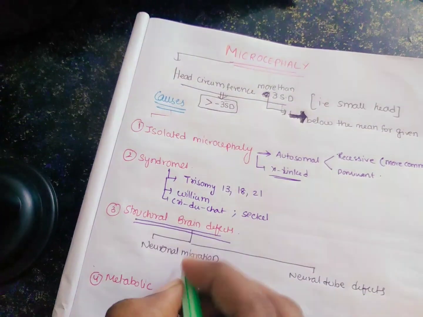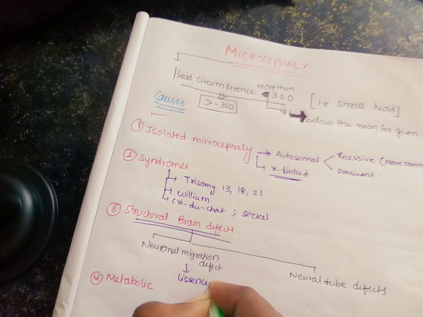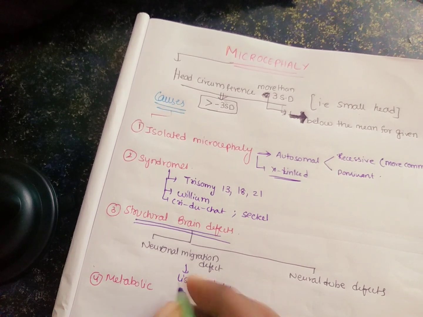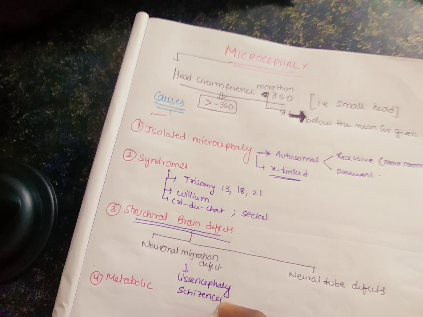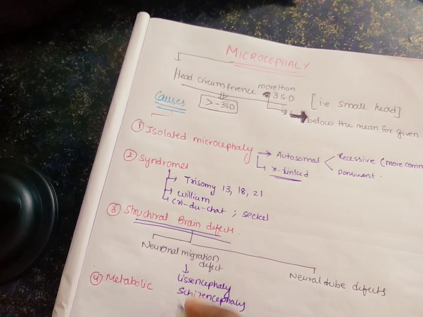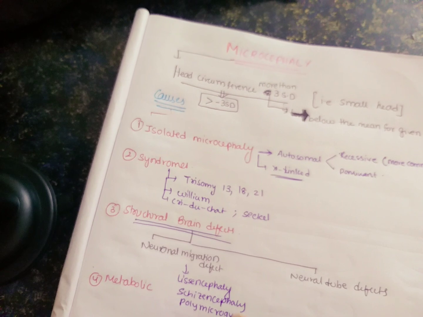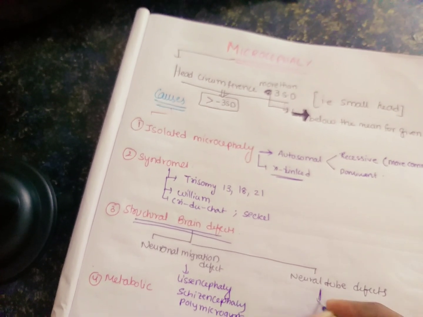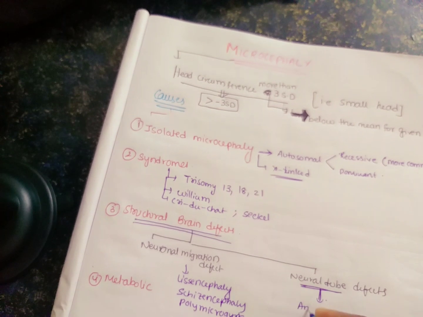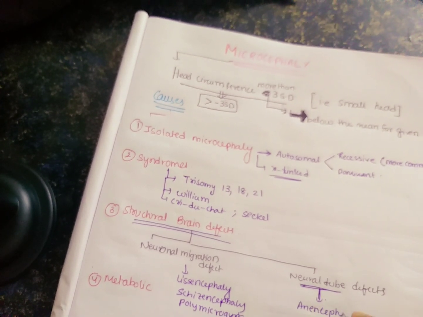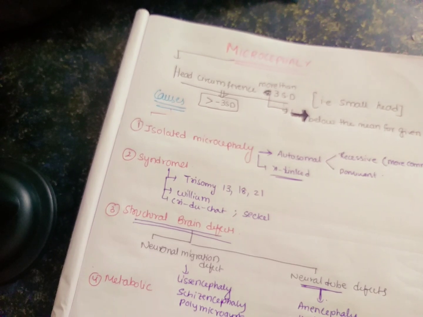Neuronal migration defects include lissencephaly, schizencephaly, polymicrogyria. Neural tube defects are anencephaly and hydranencephaly.